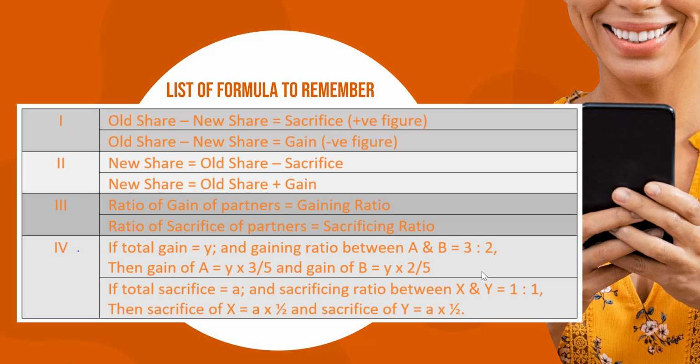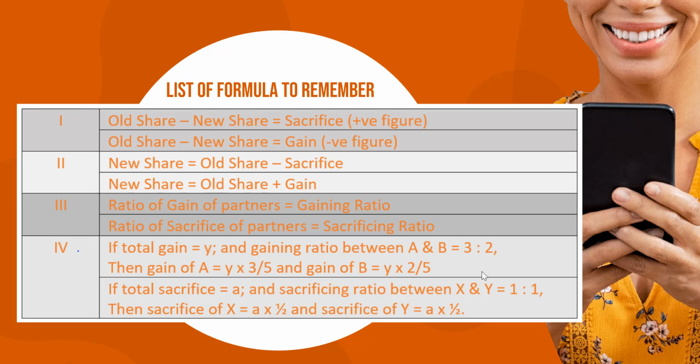To find out how much gain of A is, we take the total gain and multiply it by the gaining ratio of A. In this case, gain of A is equal to Y, the total gain, into 3/5, and gain of B is equal to the total gain Y into 2 divided by 5.